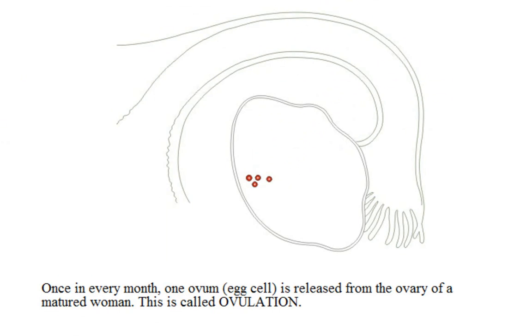An egg is fertilized by a sperm cell to form a zygote, which grows into the embryo.